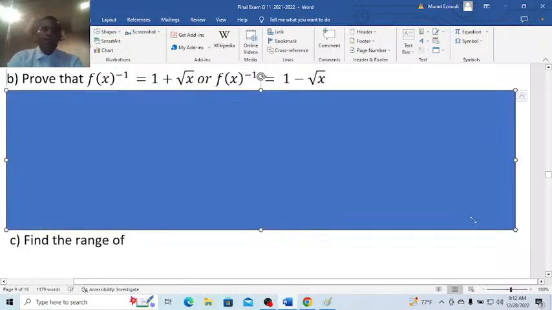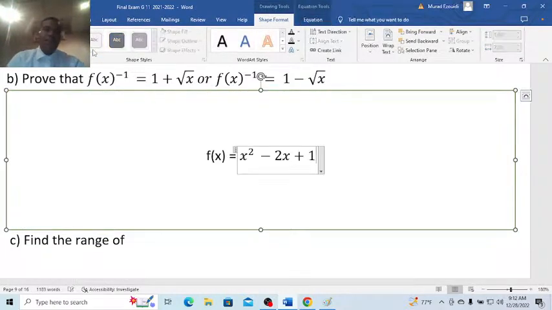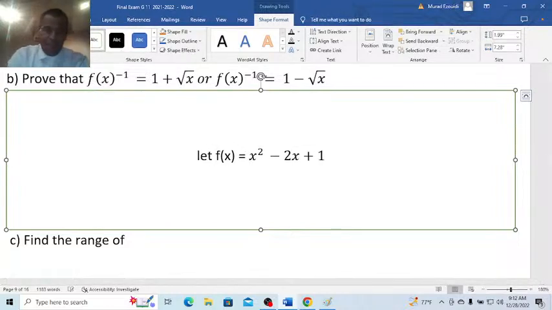Look here, learners. I'll now put my function. To find the inverse function, or to prove this one, first of all let f of x equal y.